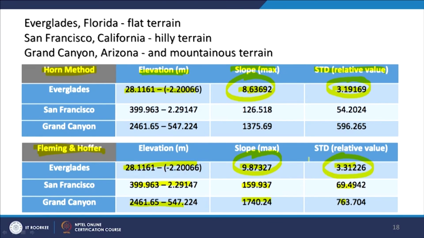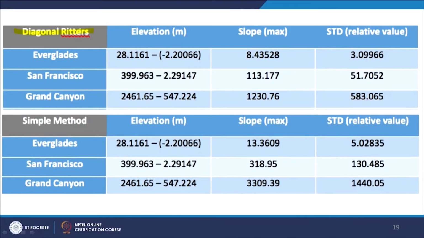The purpose here is to show this comparison, because the terrain is different. Though methods might be the same, the results would be different, because the algorithms being employed are completely different. If we employ the diagonal and simple method, then again these results show a huge difference here, 8.4, this is 13.36, and standard deviations relative values again 3.09 and 5.02.